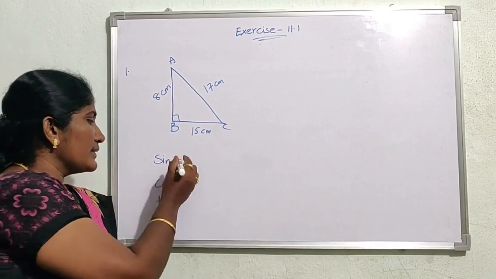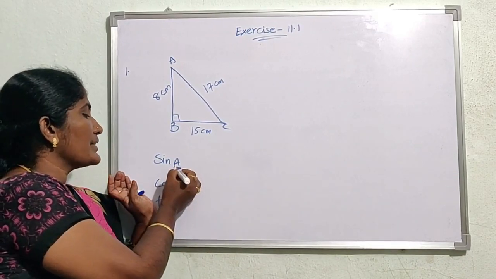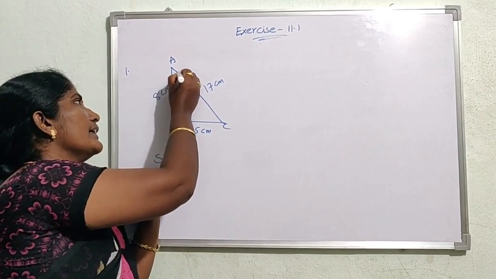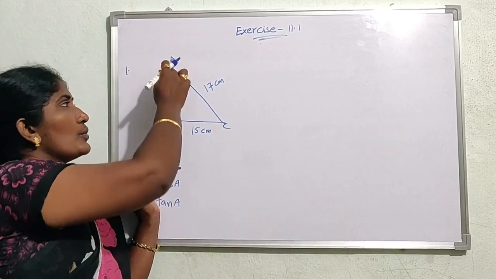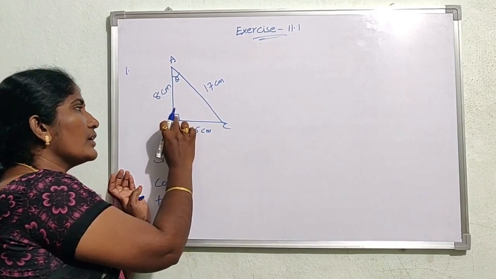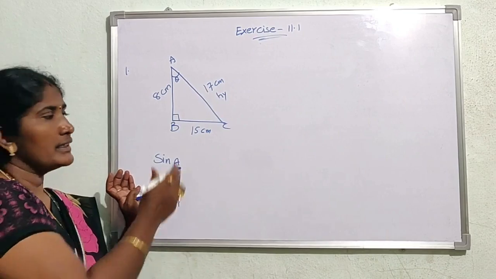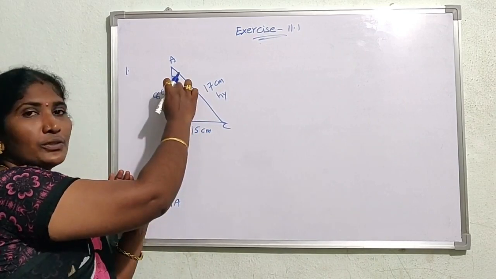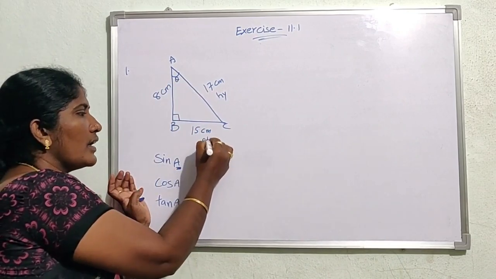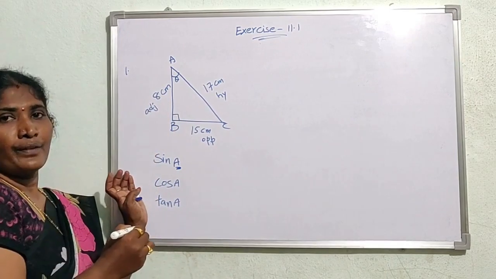Here main thing is where they gave angle. Here at A they mentioned angle. Take at A angle. So now naming the sides are very important. The side always which is opposite to right angle is taken as hypotenuse. The side which is opposite to angle is taken as opposite side, and the remaining is adjacent side.